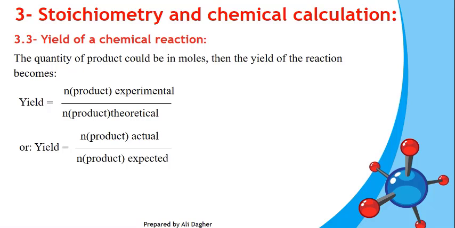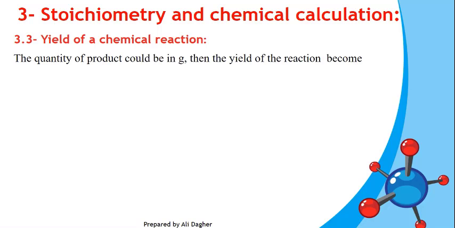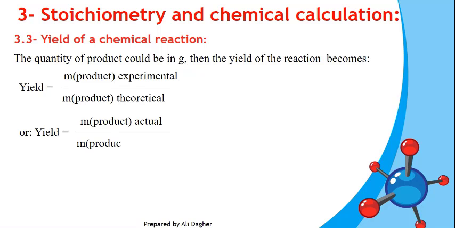The same, experimental or actual, theoretical or expected. If the quantity of product is in gram, then the yield becomes mass of product experimentally over mass of product theoretically, or mass of product actually over mass of product expected.